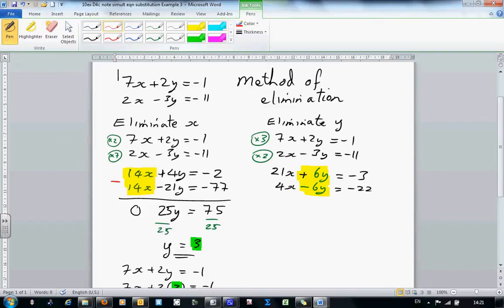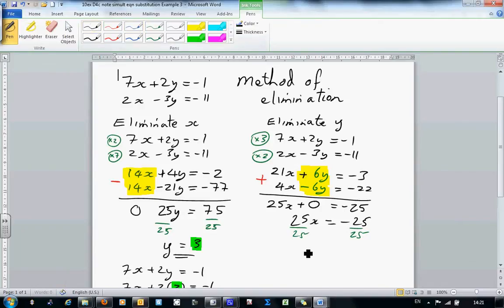That's why you did it. Negative 3 add on negative 22 is negative 25. So we have 25x equals negative 25. Divide by 25 on both sides. Leaves us with x equals negative 1, which is the same result as we got before. The only difference is we found x first this time, and we'll find y second.